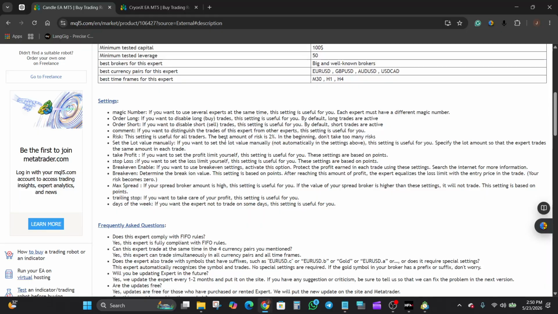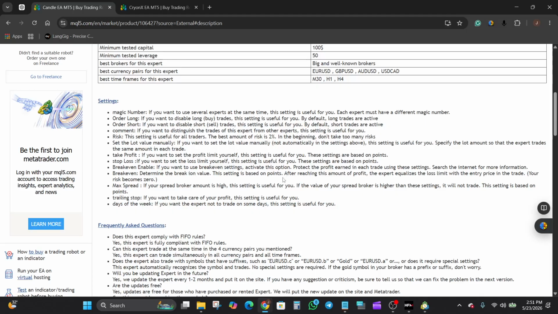Looking at the settings panel, there are several configurable inputs. There is a risk setting, which controls exposure per trade, and the developer recommends starting around lower risk levels like 2% to keep things conservative. And there is also the ability to switch long and short trades on or off individually, which gives flexibility depending on market direction preference.